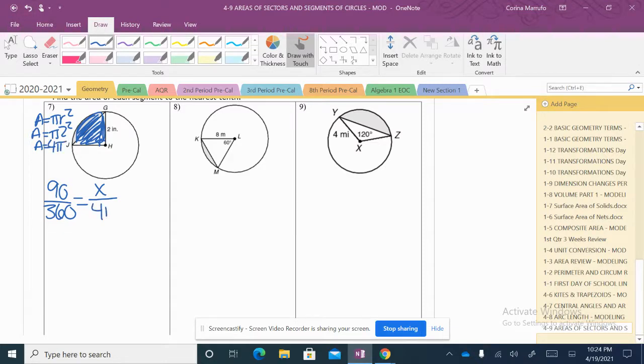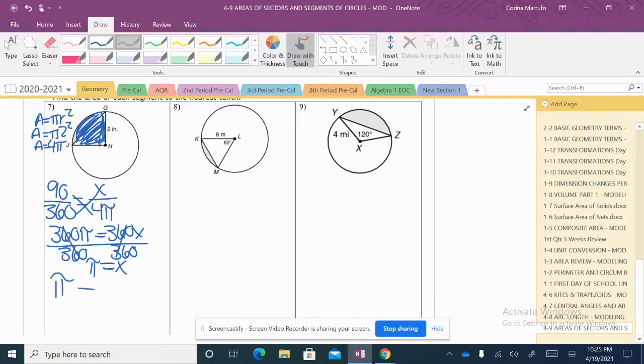So that's what goes right here. So we cross multiply, and this gives me 360 pi equals 360x. We divide both sides by 360 to solve for x. This cancels, and that gives us pi. So that means the area of the sector is pi.